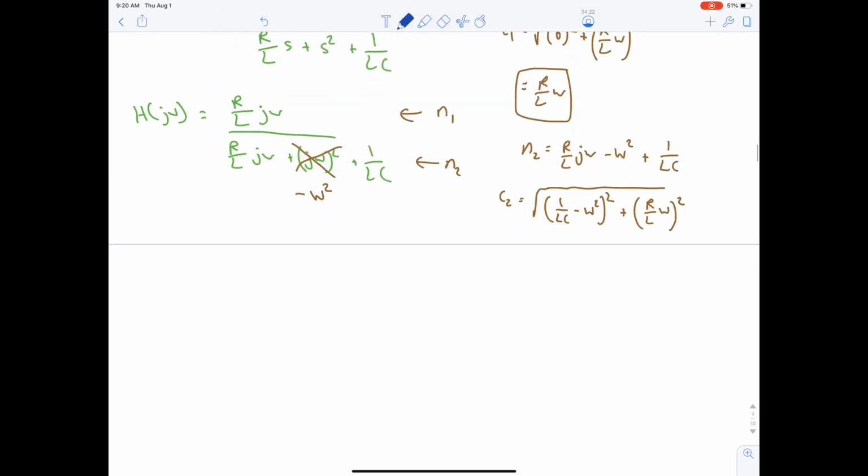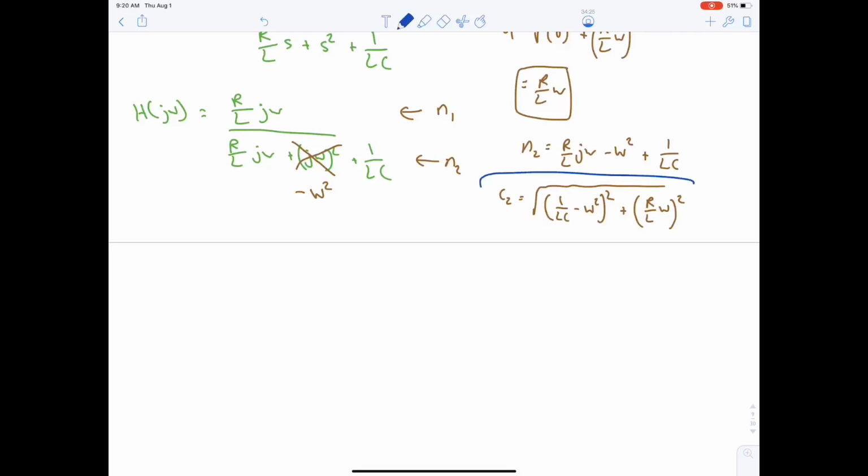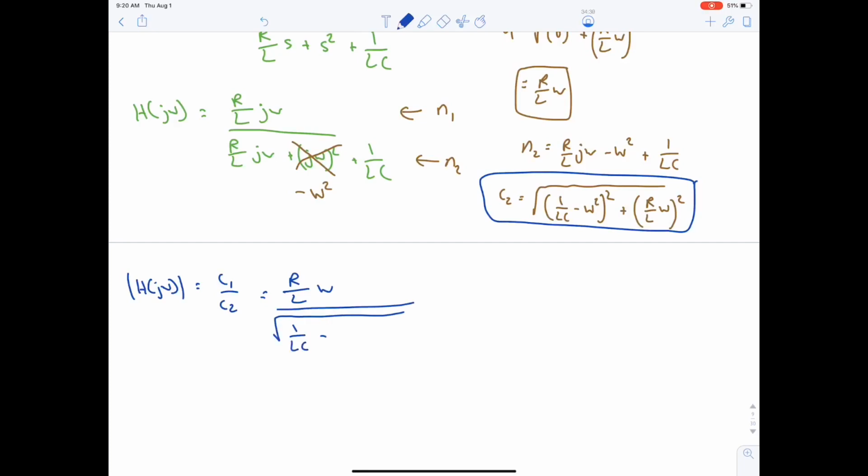So now we found C1 and C2. After finding C1 and C2, the magnitude will be C1 over C2, which is R over L w divided by the square root of (1 over LC minus omega squared) all squared plus (R over L omega) squared. Okay, that's the magnitude.